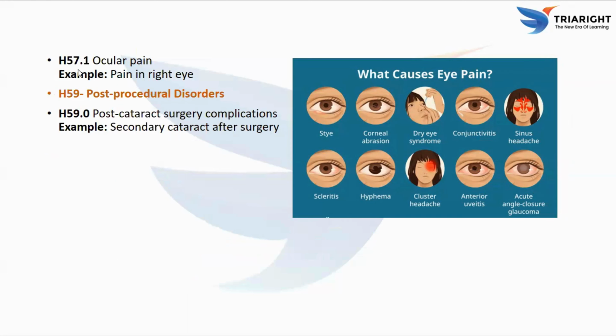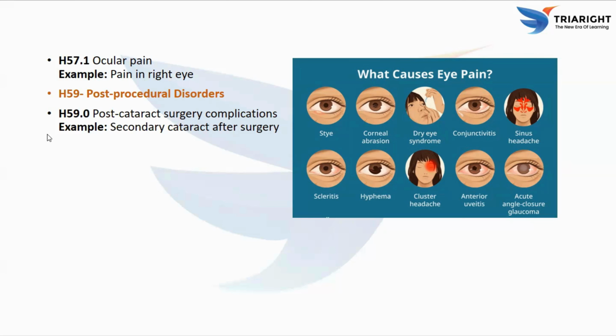H57.1 code is for ocular pain. Ocular pain is nothing but pain in the eye. This code is used when a patient has pain inside the eye or around the eye, without specifying the exact disease. For example, if a pain in the right eye is diagnosed, you have to assign the code H57.1. So this is about ocular pain.